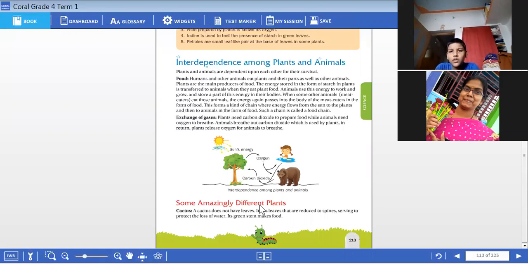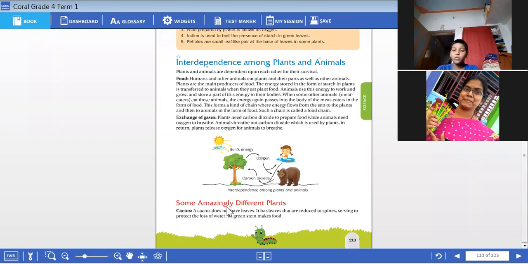A cactus does not have leaves. It has leaves that are reduced to spines, serving to protect against the loss of water. Its green stem makes food.